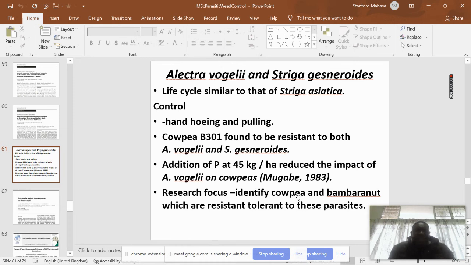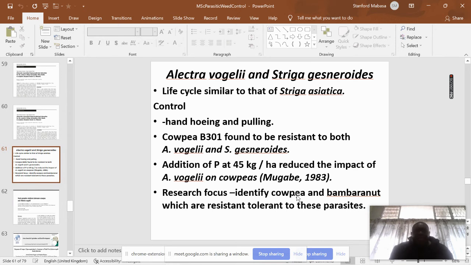But what is interesting is that there's a cowpea known as B301, which was found to be resistant to both Alectra vogelii and Striga gesnerioides. So this has actually been used to develop some hybrids with resistance, and these can be screened and probably adapted in Zimbabwe.